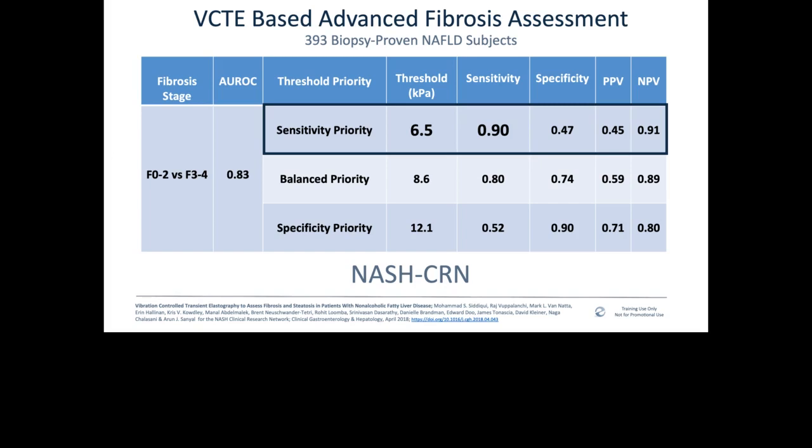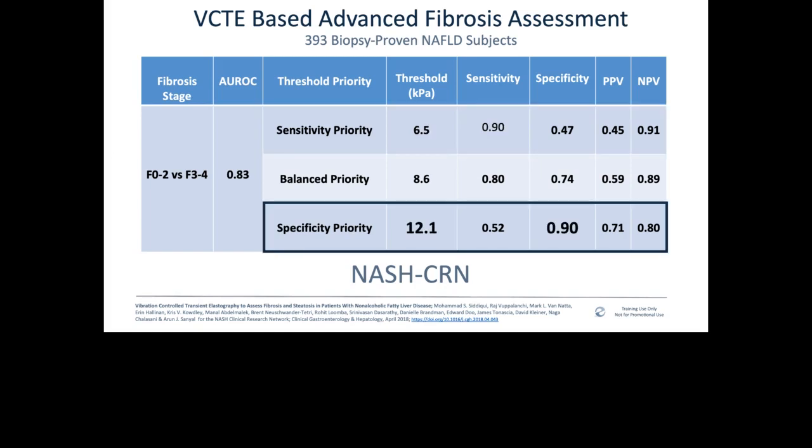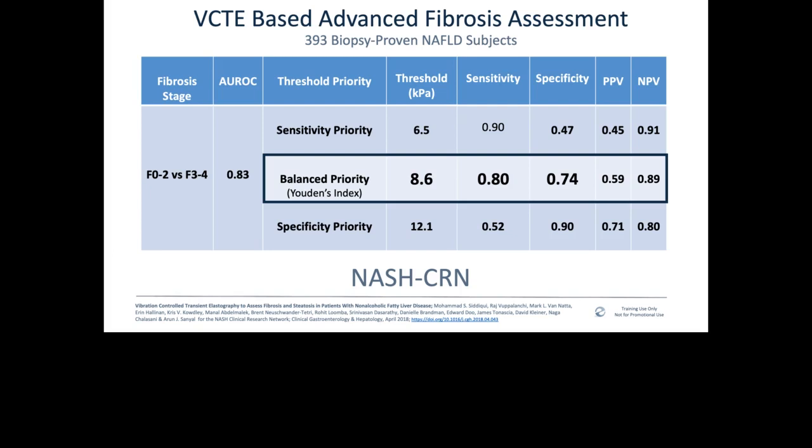NASH CRN publication, notice if you selected sensitivity priority that it would use a threshold of 6.5 kilopascals, which is what provides a sensitivity of 0.90 as compared to biopsy. If you were to pick specificity priority, the threshold that would be used would be 12.1 kilopascals, which gives you a specificity of 0.90. And if you pick balance priority, it would use 8.6 kilopascals.